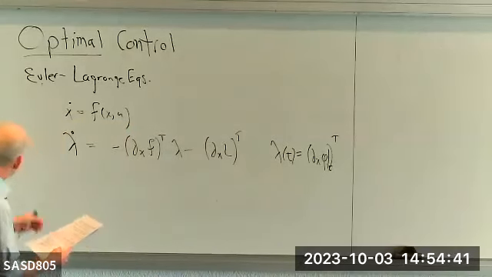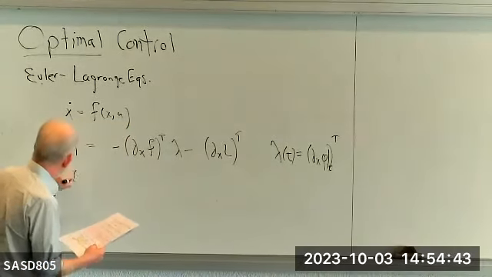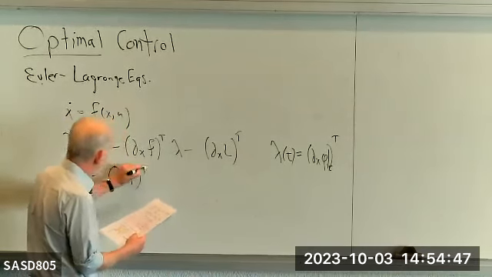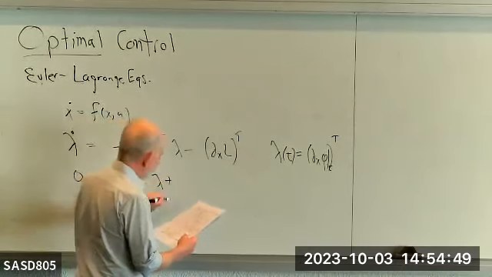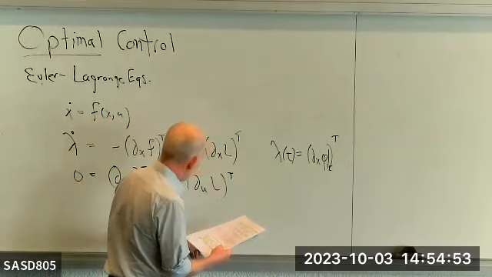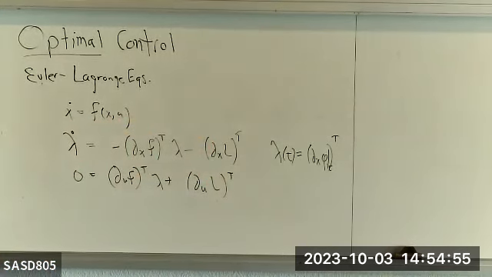And then we also have one more equation, 0 is equal to u_f transpose lambda plus u_l transpose.